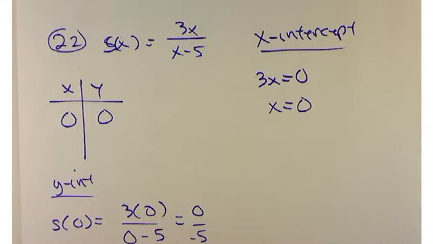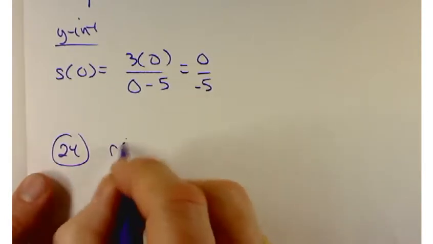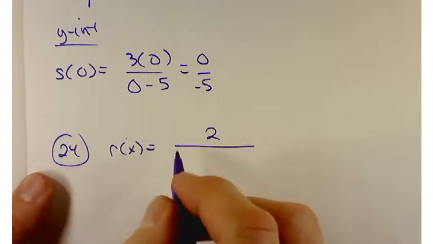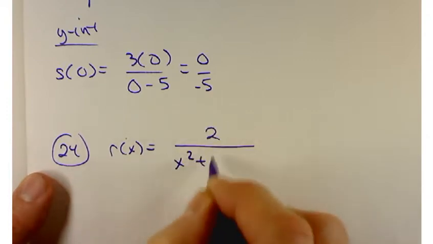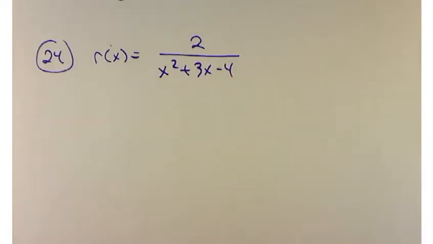Let's try a slightly different one. Problem number 24. This time we've got r of x is 2 over x squared plus 3x minus 4. So there's a couple things that we want here.